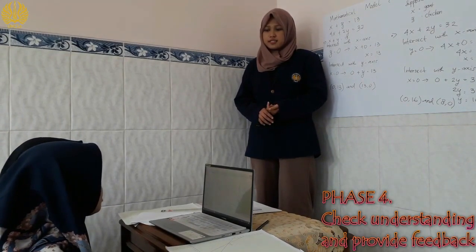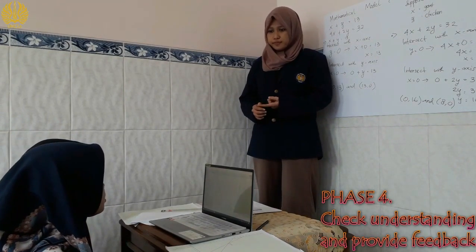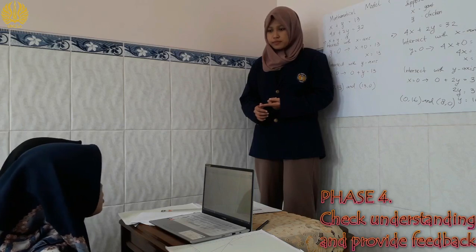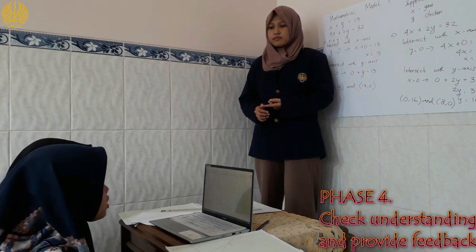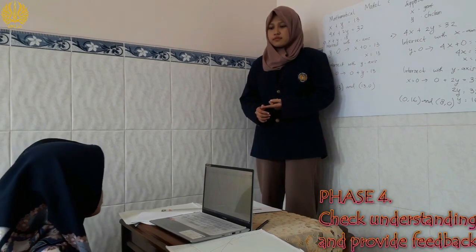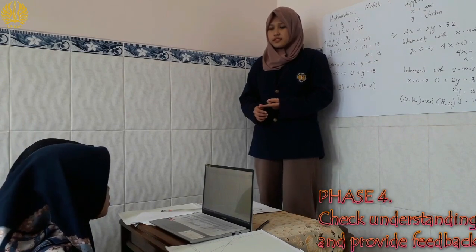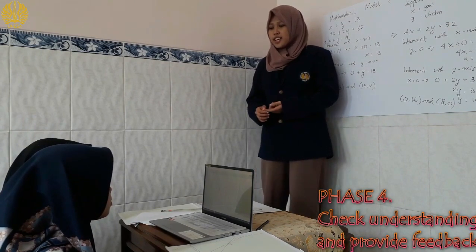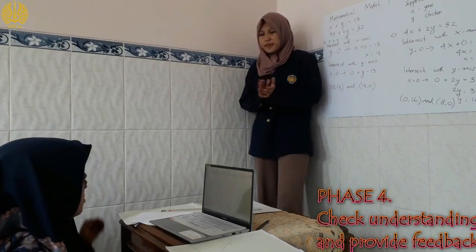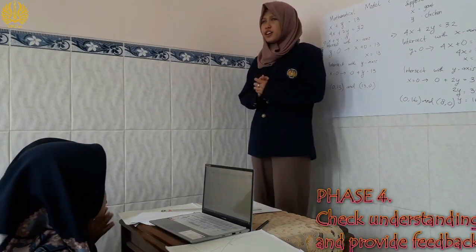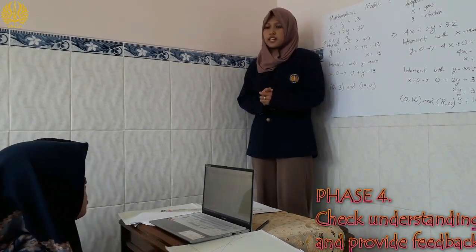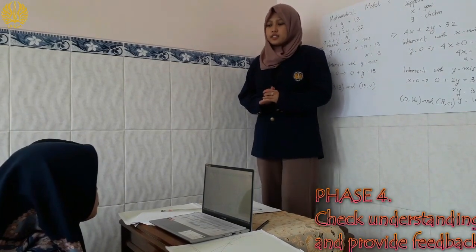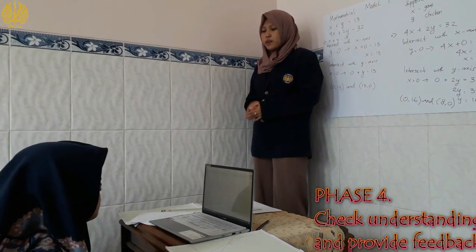First, find the mathematical model. Then intersect with the x-axis. Then intersect with the y-axis. And then draw the graph in the Cartesian diagram. Yes, that's good. Give applause to Risma. You have a 10-point addition from me. Now, how about you, Alfi?